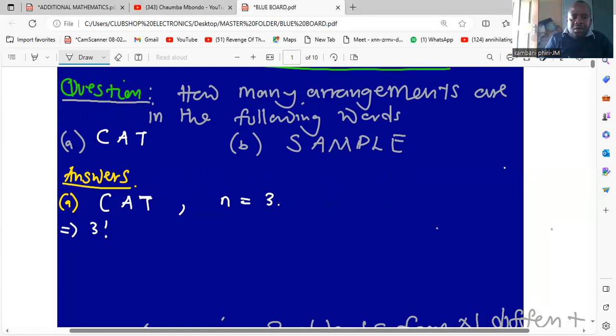You can easily get that on your calculator. But this means 3 by 2 by 1, implying therefore that 3 factorial is 6. So there are 6 arrangements.